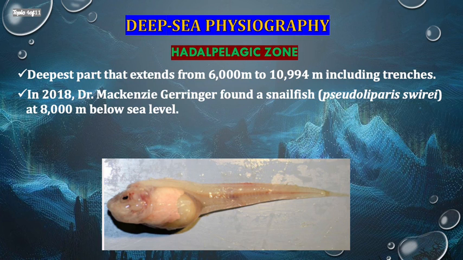This is by far the deepest living fish ever found in our oceans. Although another fish species was recently captured in a video, it has yet to be captured and formally described in science.